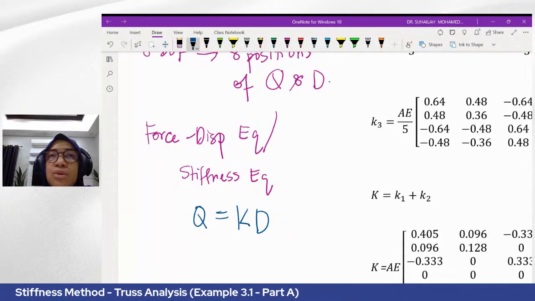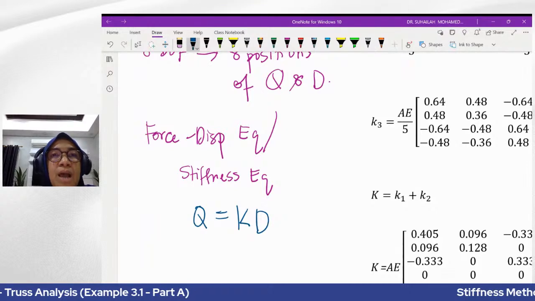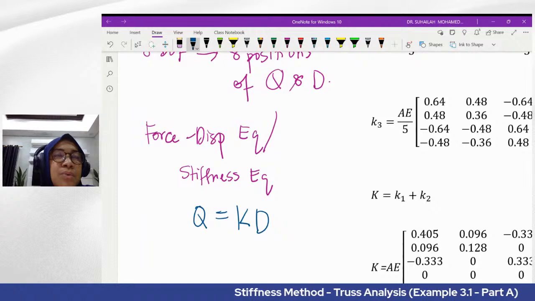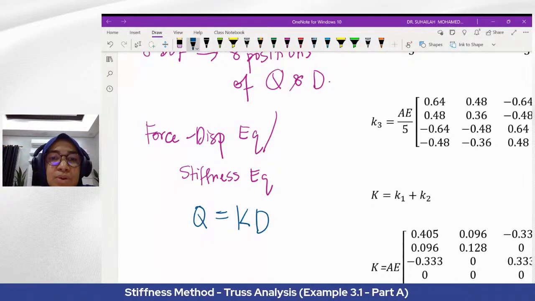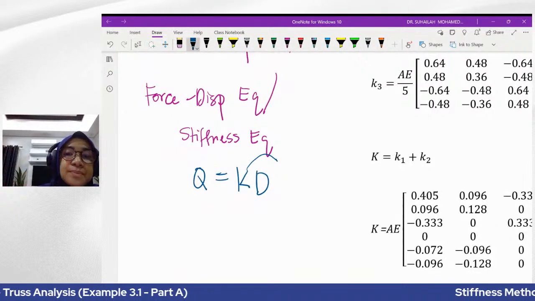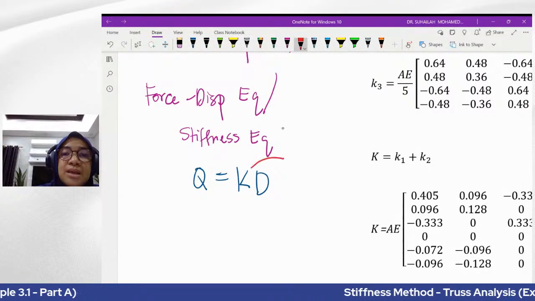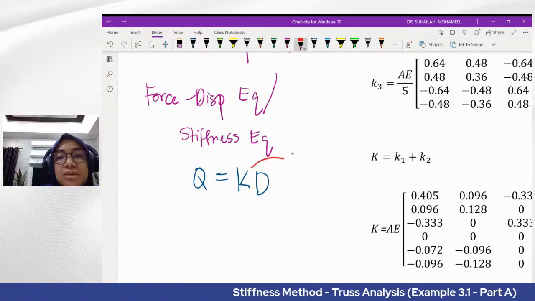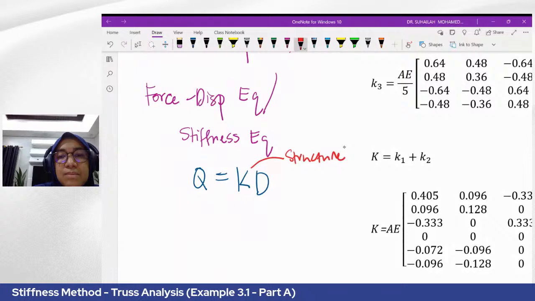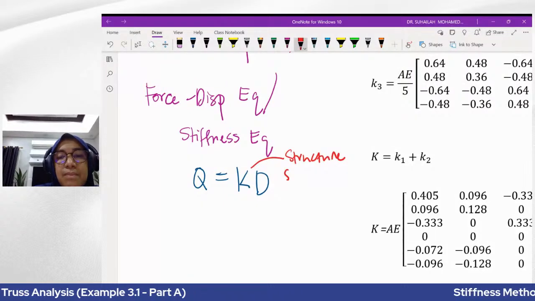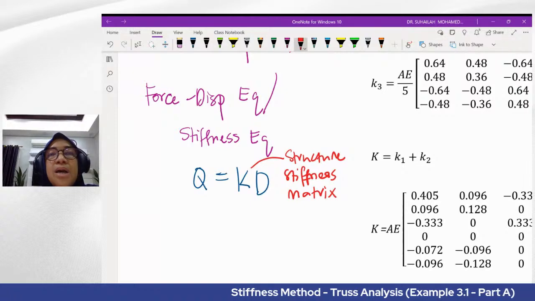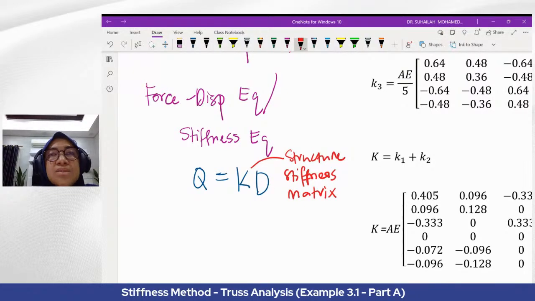Q will be written in matrix form. D will be written in matrix form. K is also a matrix, because K is the structure stiffness matrix.